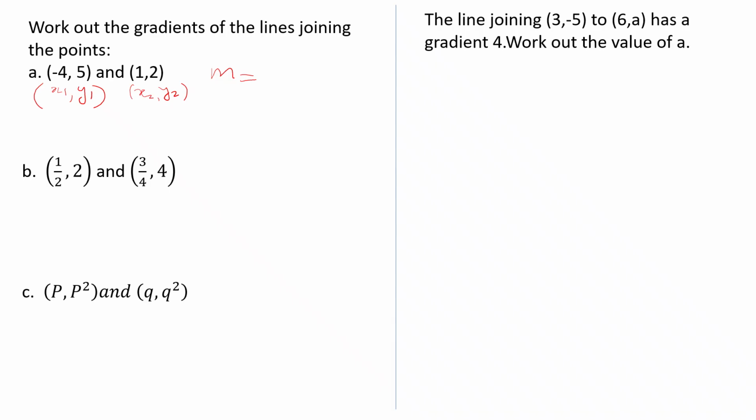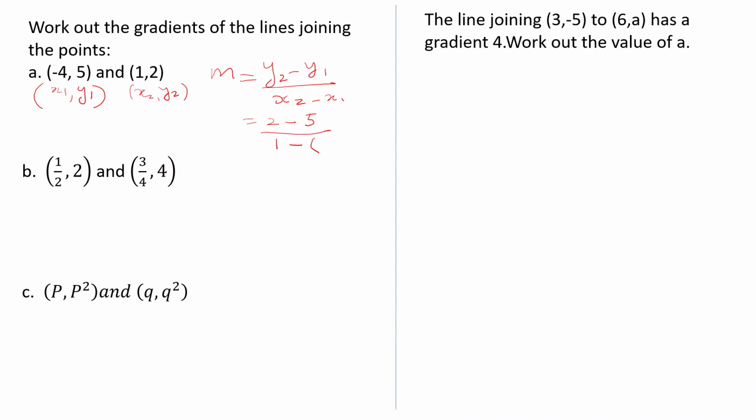So my y2 is 2. First I am going to write the general form formula: y2 minus y1 divided by x2 minus x1. So my y2 is 2, minus y1 is 5, divided by x2, x2 is 1, minus x1 is minus 4.